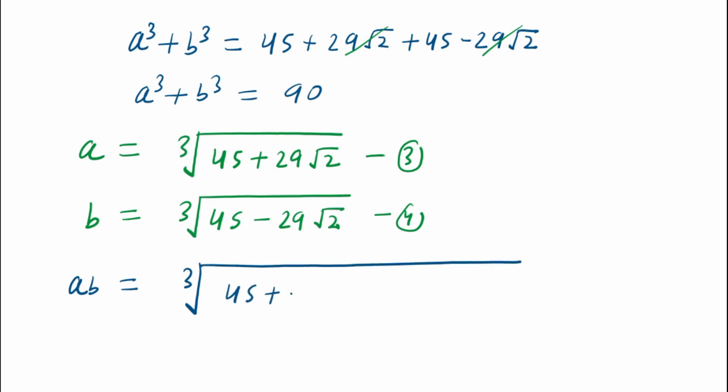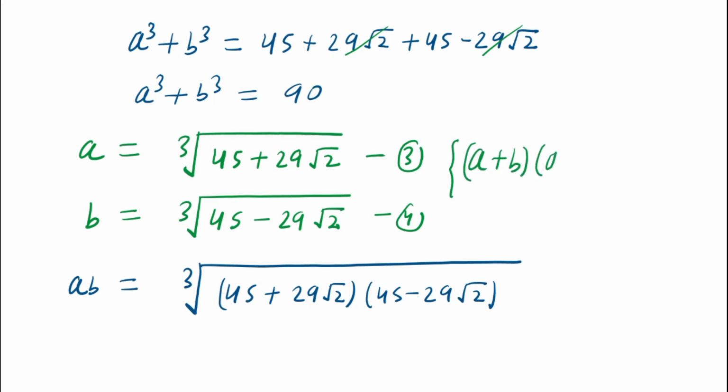45 plus 29 times square root of 2 multiplied by 45 minus 29 times square root of 2. Here we will apply the rule: a plus b times a minus b is equal to a square minus b square.